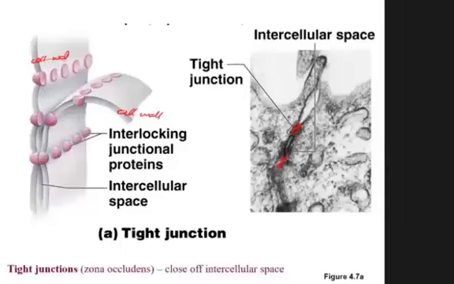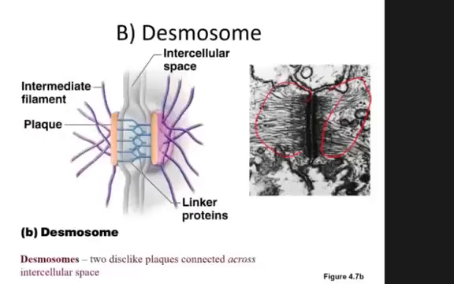The proteins fit together like a snap and lock the two walls together, so there's not much intercellular space between them. The small space between them is linked by linker proteins, and that's why they can't be separated. That's one of the characteristics of epithelium.